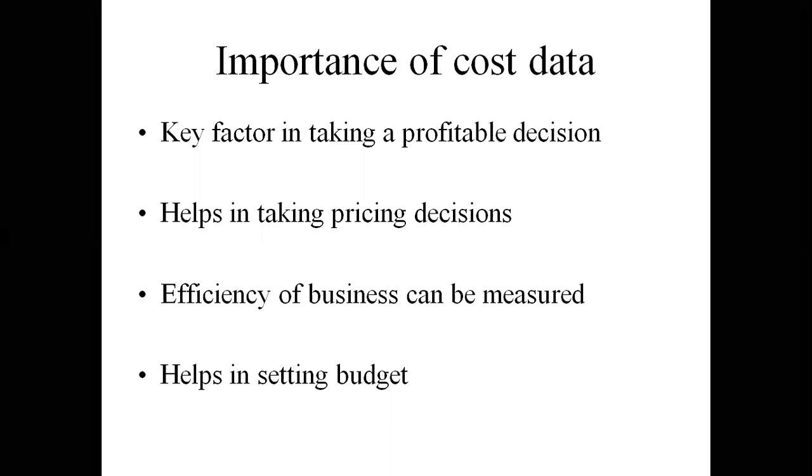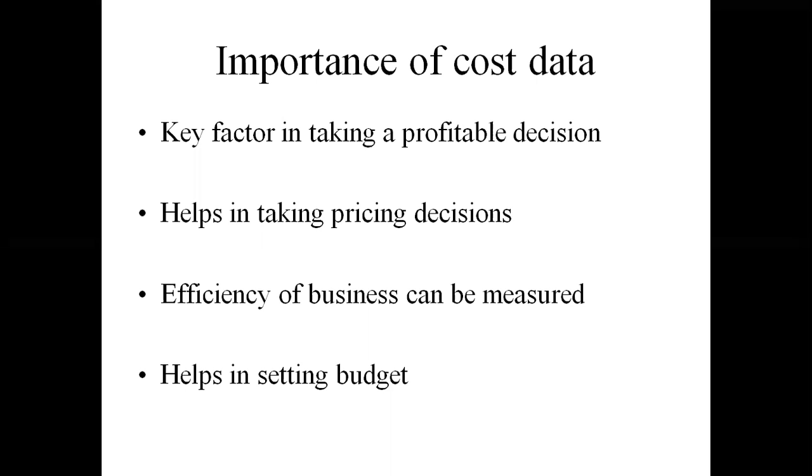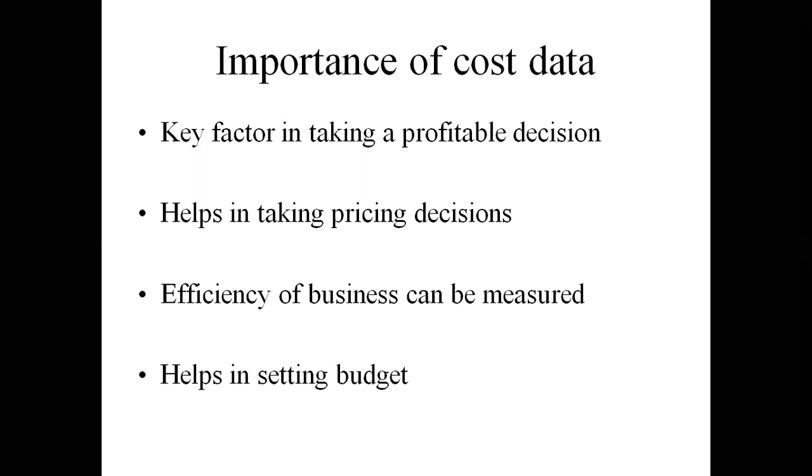The reason is, as I told you earlier, budget always considers the total expenses the business is making, and then a certain amount is allocated to spend on them. But if you do not know about your cost data, how can you come to know about the expenses the business is making? So it helps in making a budget as well.